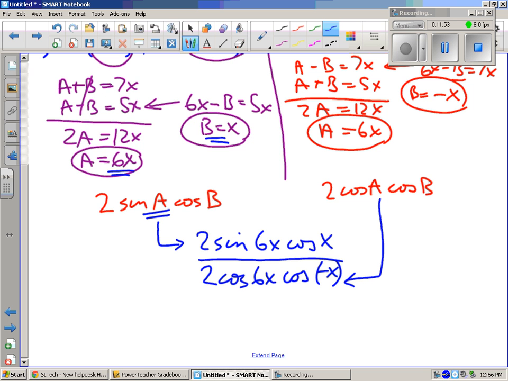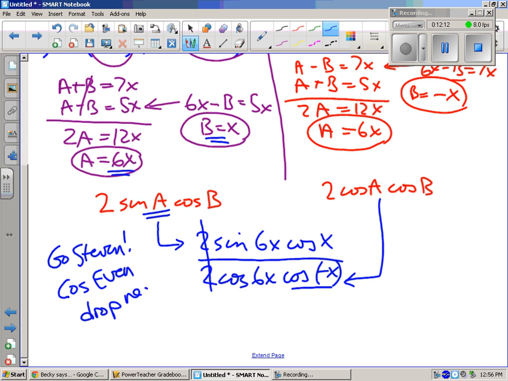Okay, now thinking of algebra, I can cancel the 2's, and right here, cosine, is it even or odd? Go, Stephen. So cos is even. That means you drop the negative sign.